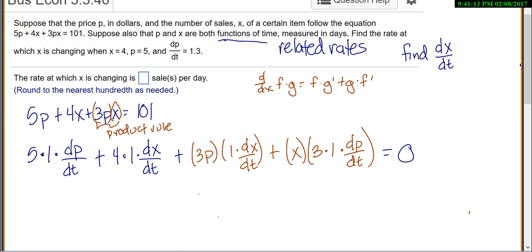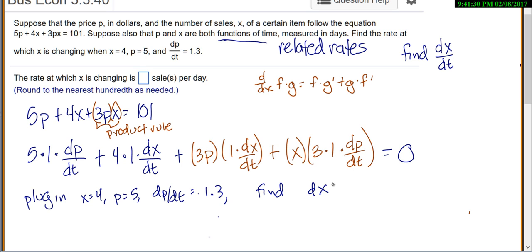Now we've done all that, we can plug in the things they tell us: x equals 4, p equals 5, dp dt equals 1.3, and we'll find dx dt.